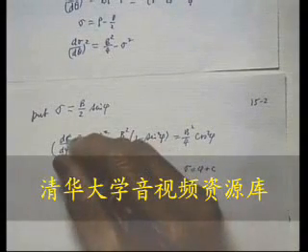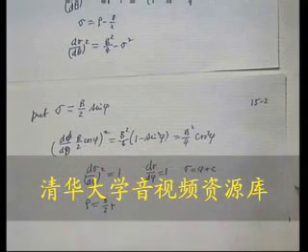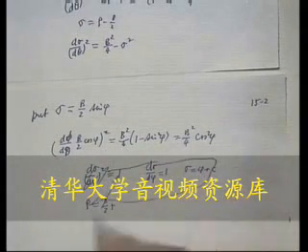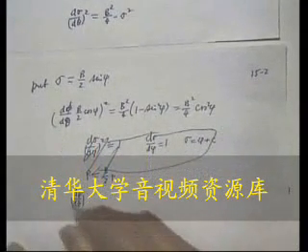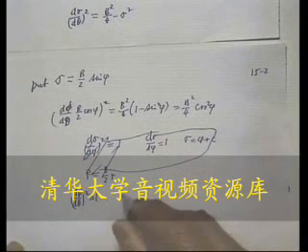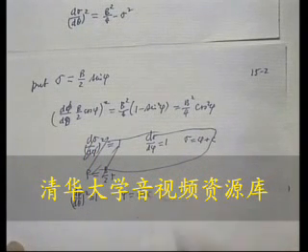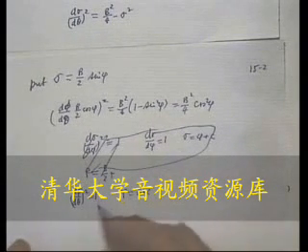This is d phi d theta. So (d phi d theta) squared is equal to 1. So phi is equal to theta plus a constant. The minus 1 we forget about.